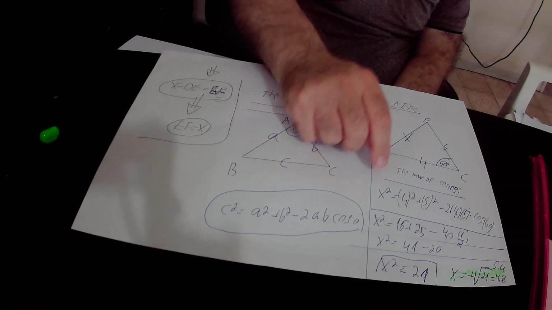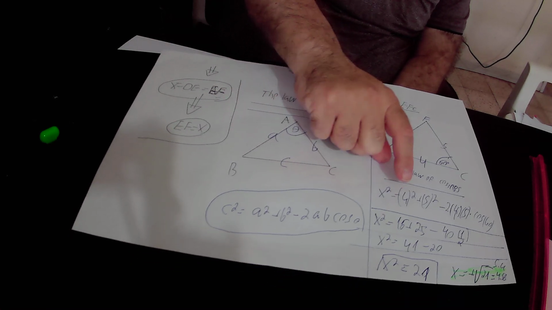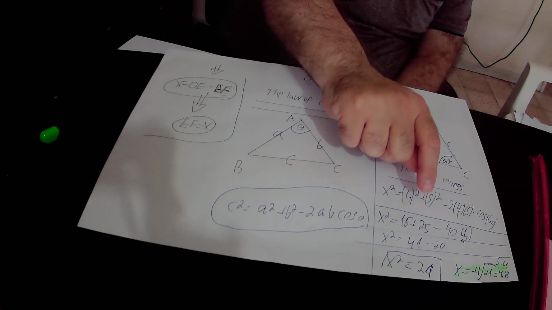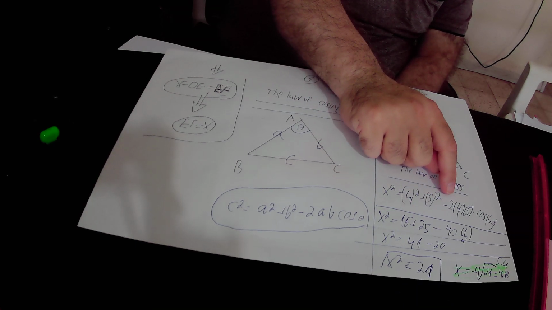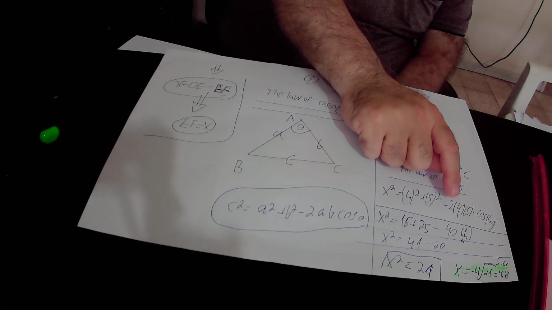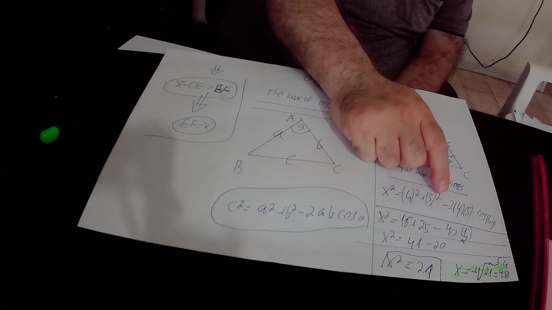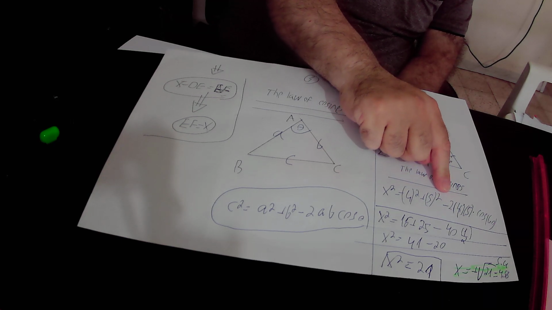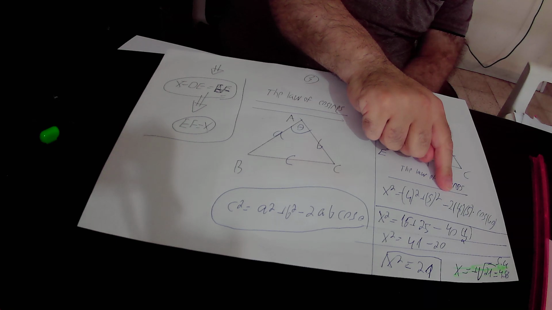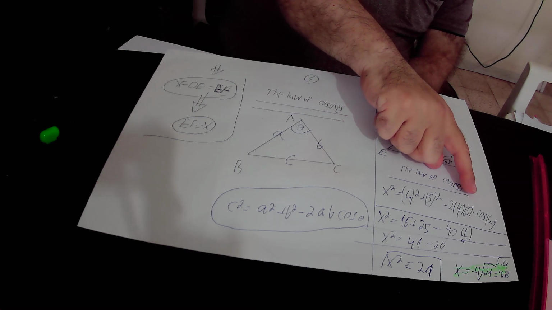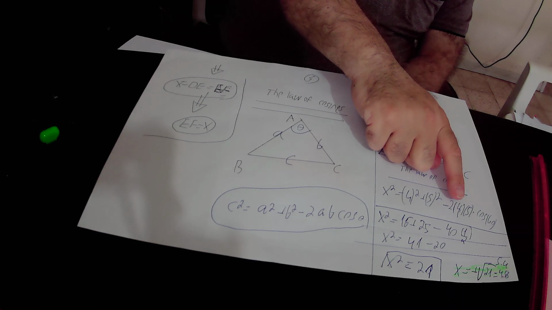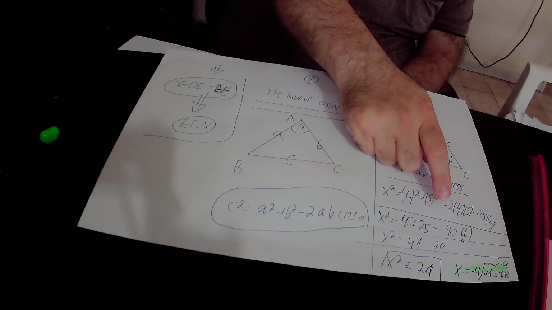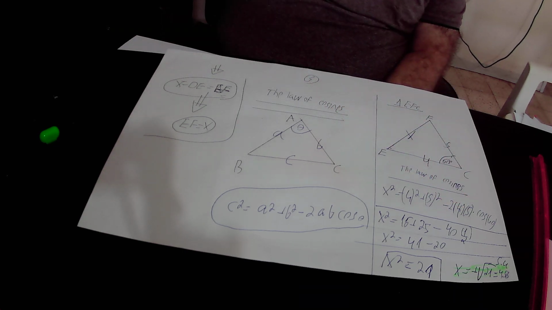Okay, so x squared equals 4 squared, which is 16, plus 5 squared, that is 25, minus 2 times 4, which is minus 8, and minus 8 times 5 is minus 40. So in total this expression equals minus 40 times cosine 60 degrees. But cosine 60 degrees equals 1/2, so this expression equals minus 40 times 1/2.